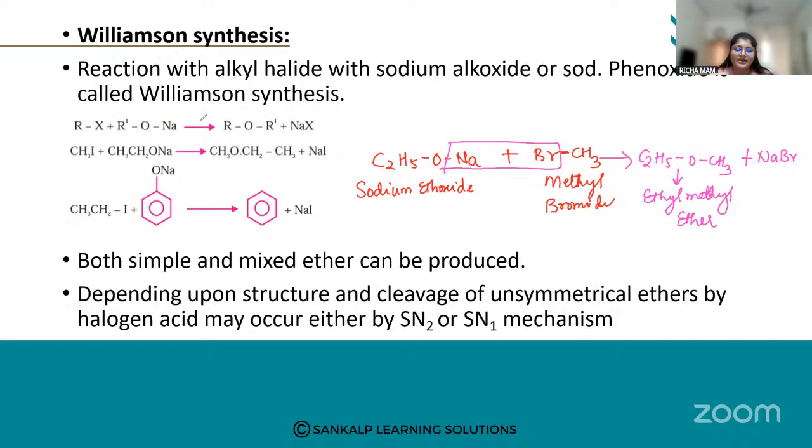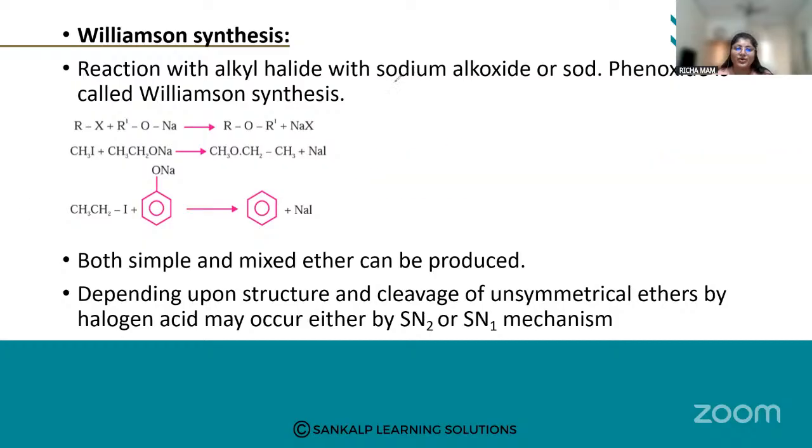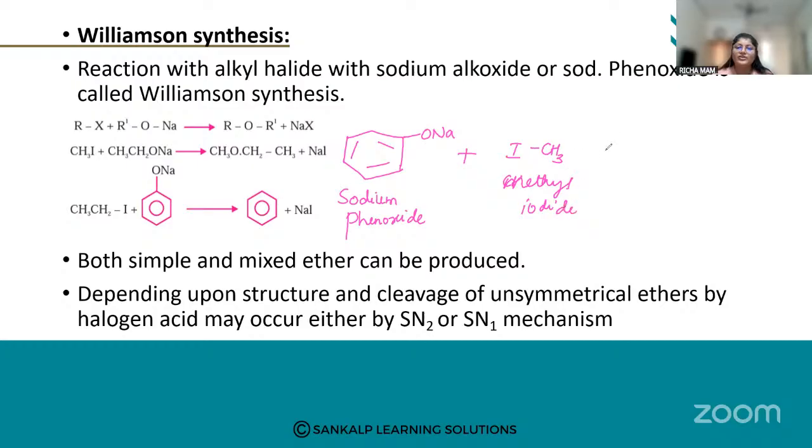Another example I'll take with sodium phenoxide. I hope this is clear. This is your sodium phenoxide. I'm going to react it with methyl iodide. What I'm going to get?